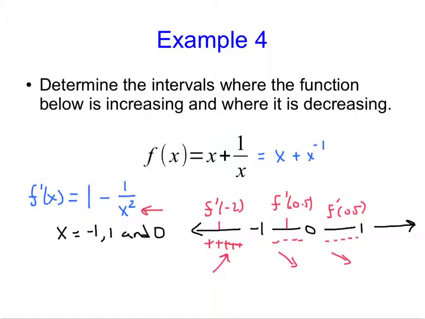Yeah, I got to pick a number over here, so I'm going to pick 2. And when you plug 2 in here, you get a positive value again, 3/4. So this is an interesting function because it's increasing, then it's decreasing, then it's decreasing again, then it's increasing. But one thing you need to remember is that this thing was undefined at 0, so there's a vertical asymptote there. So let's take a look at this picture and see if our analysis matches the graph.